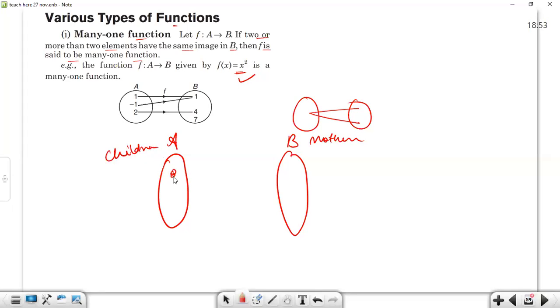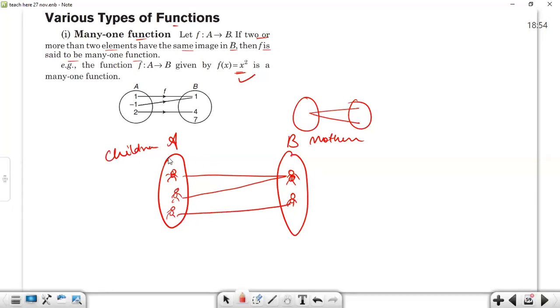So two children can have the same mother. Is that possible, right? Yes, sir. But one child cannot have two mothers.